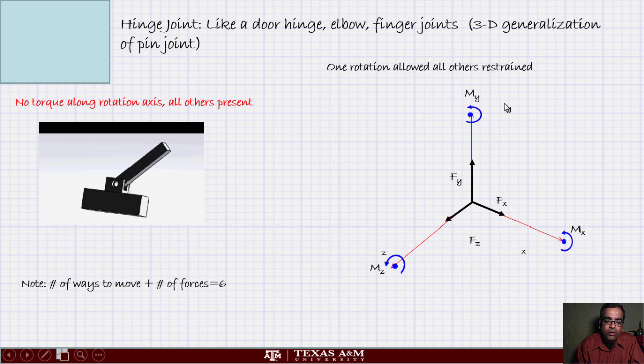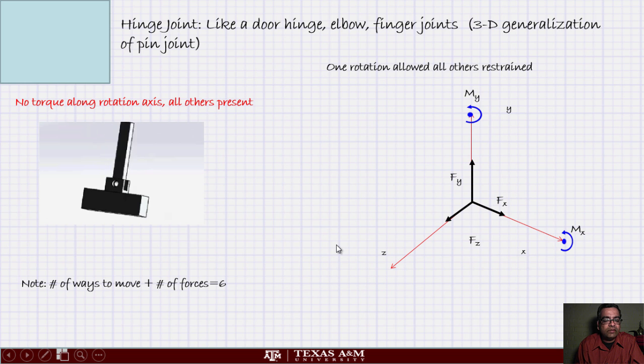So let us see what motions are gone. The rotation around this axis is free, so there will be no torque along that. Everything else will still be there. So one way to move plus number of forces present must add up to 6. So can you see 1, 2, 3, 4, 5 plus one way to move. That's 6.